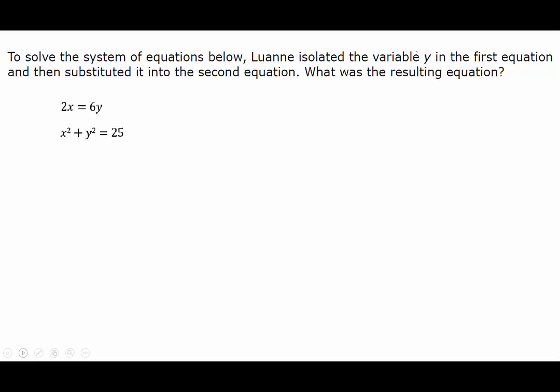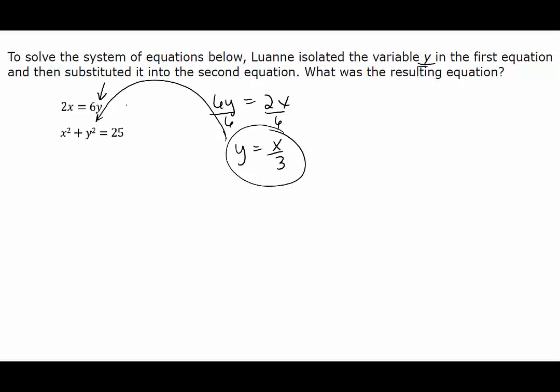Luann isolated the variable y and then substituted it in to the second equation. So step 1, choose a variable to eliminate, and I'm going to choose the y. Next step, solve for y. Y is equal to x over 3. Next step, what do I do with this? I'm going to plug that in for the y value.